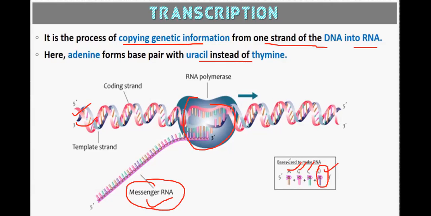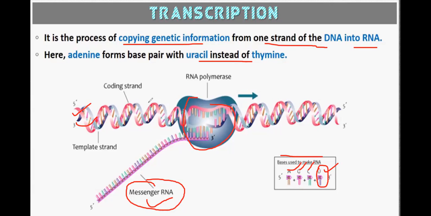So these are the bases used to make RNA. Sometimes the question will be: which is the correct set of nitrogenous bases used to make RNA? So adenine, guanine, cytosine, and uracil. Thymine is not there.